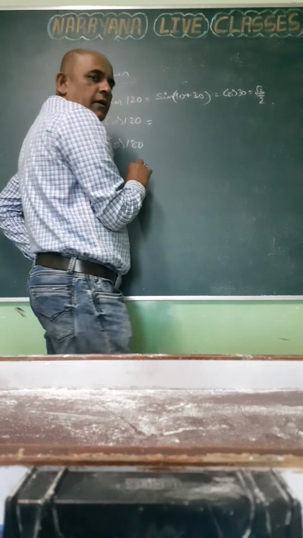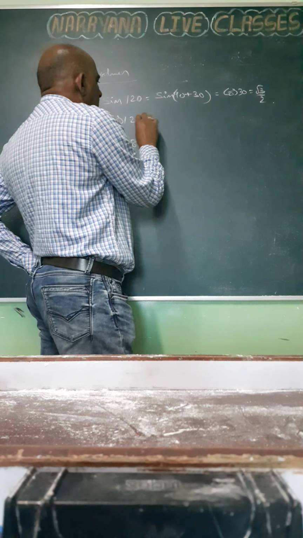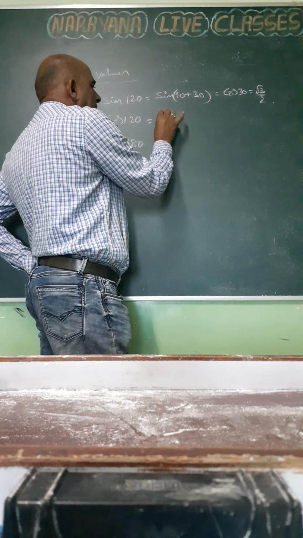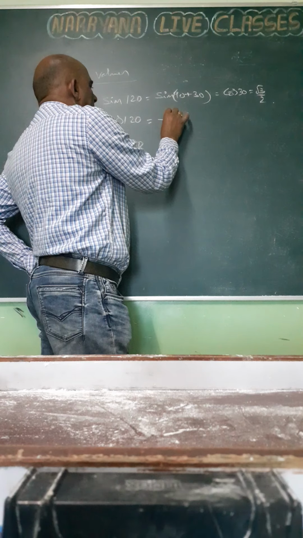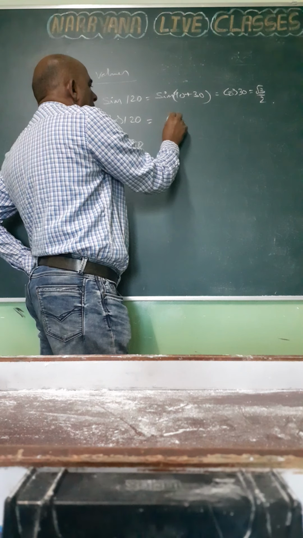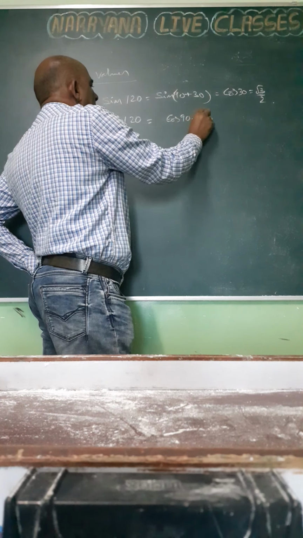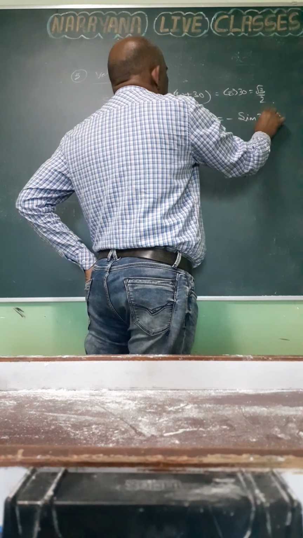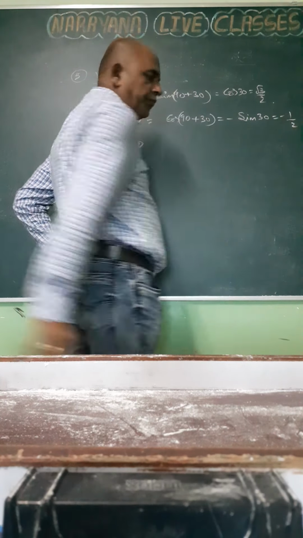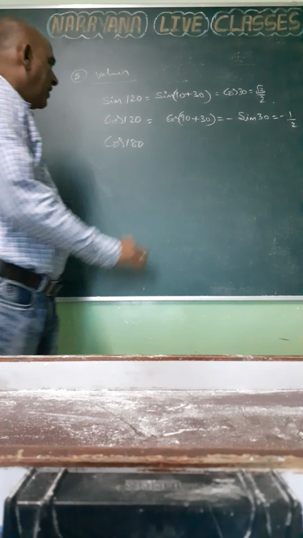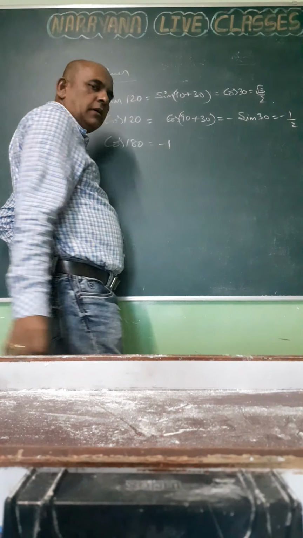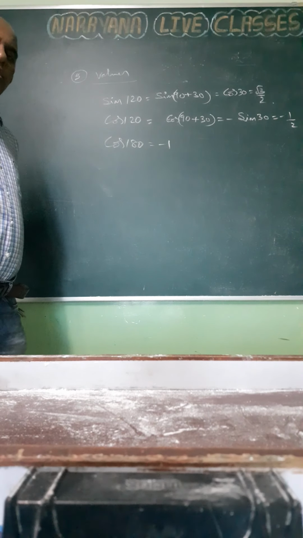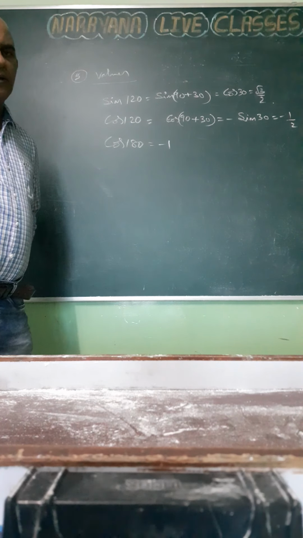Cos 120 is in the second quadrant, so cos is negative, and you can write it as cos of 90 plus 30, that is minus sin 30, which is minus 1 by 2. Cos 180 is minus 1. Cos 0 is 1.